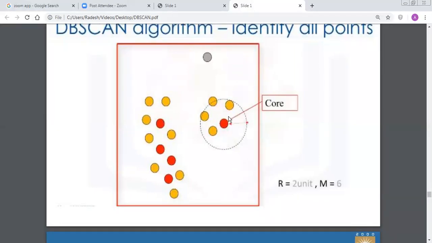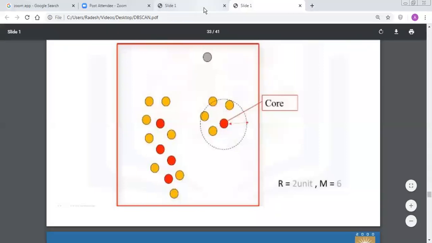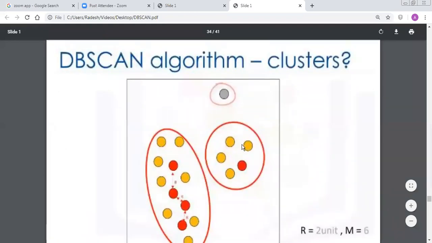Means at least one time we need to scan all the data points to check whether it is a core point, a border point, or noise or outlier. By meeting this criteria, this particular point has fallen into the criteria of m is equal to 6, and it has become the core point.